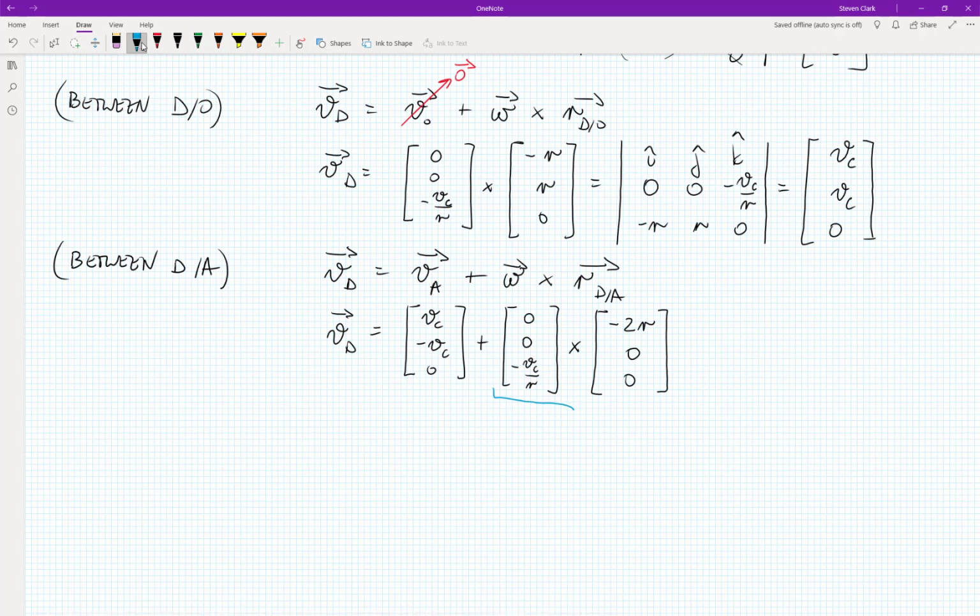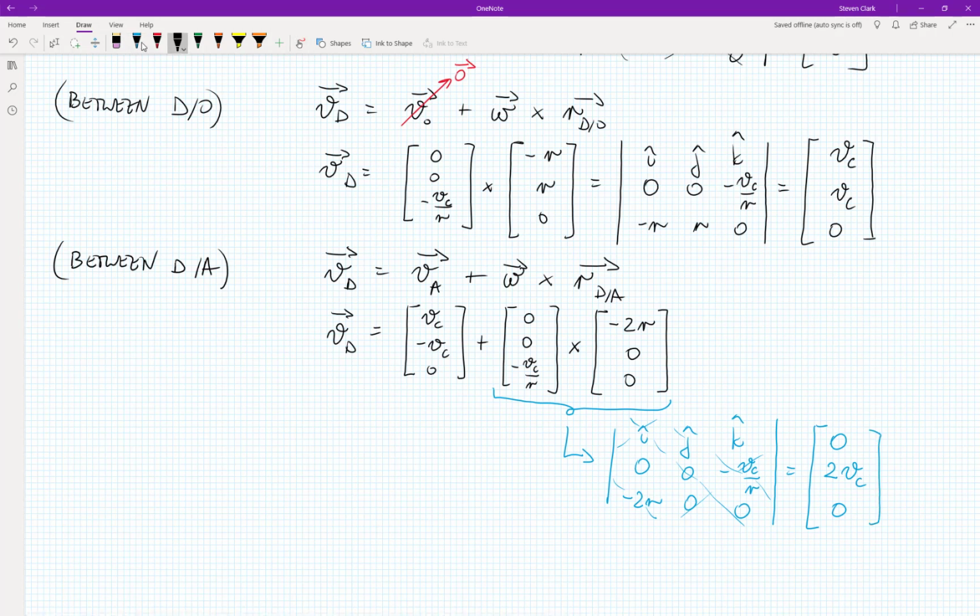So this determinant is i, j, k; 0, 0, minus VC divided by R; minus 2R, 0, 0. Zero here, 2 VC in here, and 0 in here.